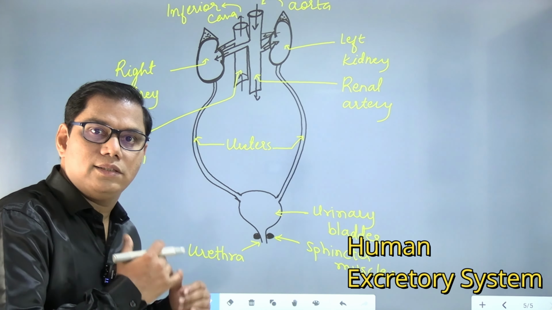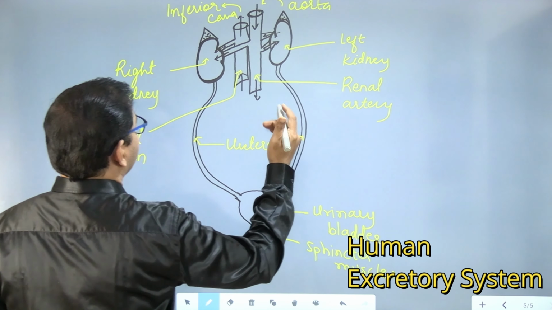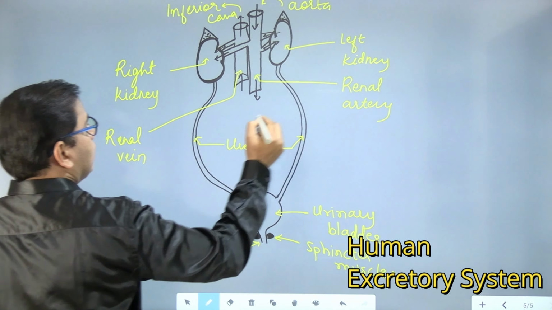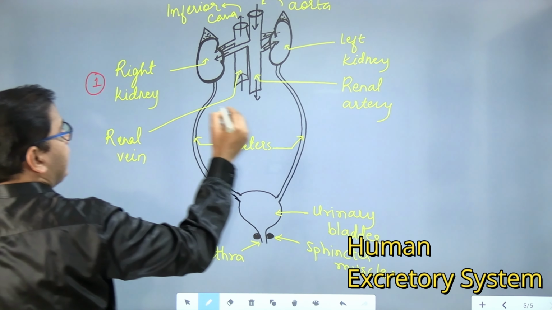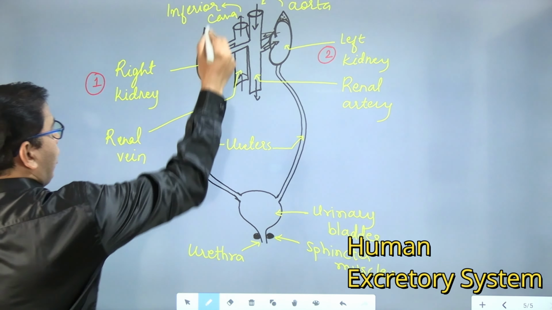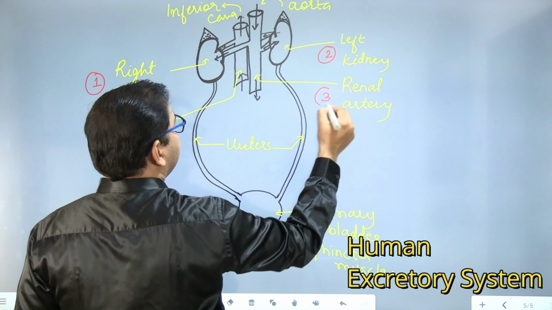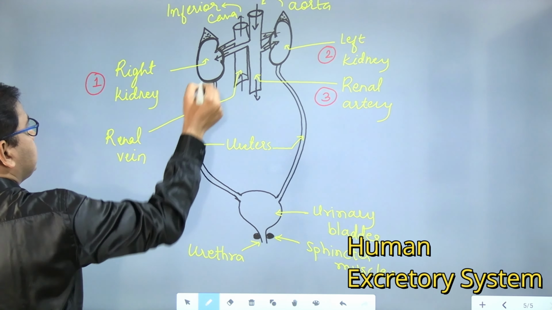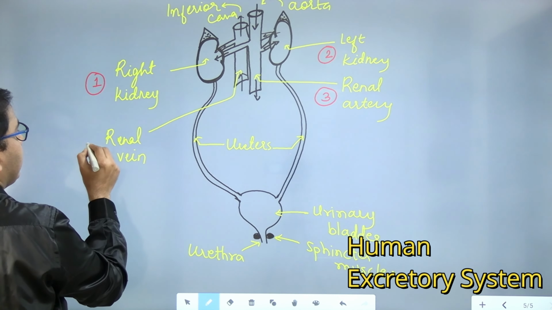Okay, so this is the human excretory system, so very easy. So what are the parts? We can start first with the right kidney, then the second one is the left kidney. Oxygenated blood comes to the kidney by means of the renal artery, and deoxygenated blood goes outside the kidney through the renal vein.